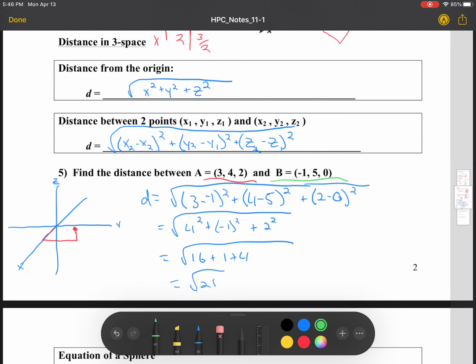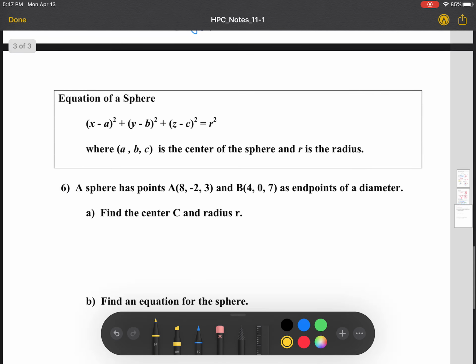And the other one, what was that? That was A. B will be green. That's negative 1, 5, 0. So just right there. So we have this line, we're measuring that distance between them. That's what our D is.